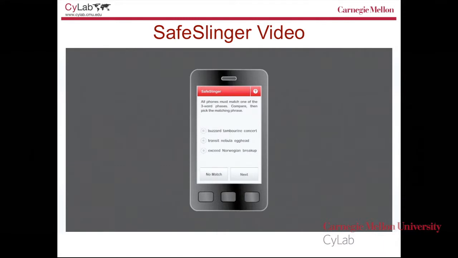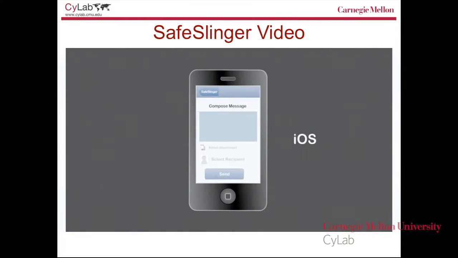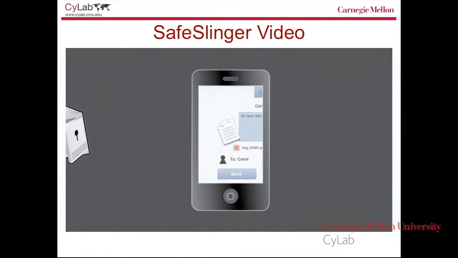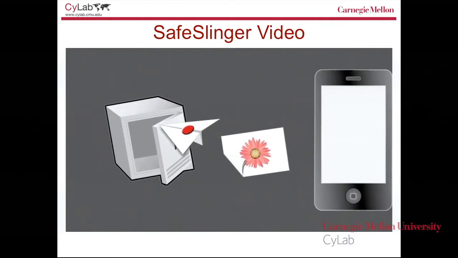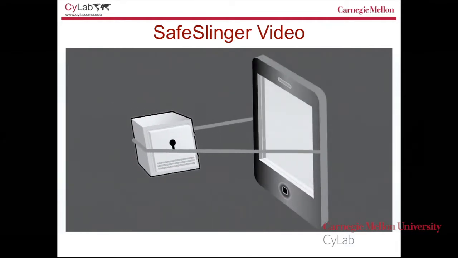SafeSlinger is available for Android devices, as well as iPhones, iPads, and the iPod Touch. We can compose a text message or add an attachment and select one of our secure identities. SafeSlinger will sign the message, encrypt it, and send it through the internet.